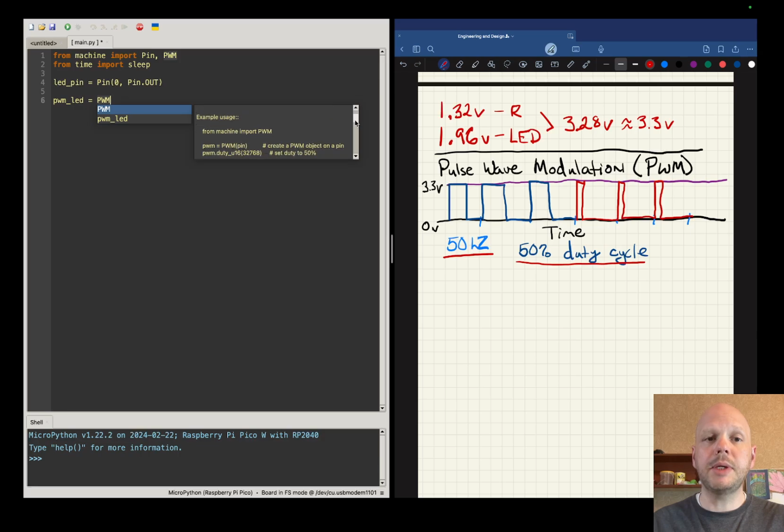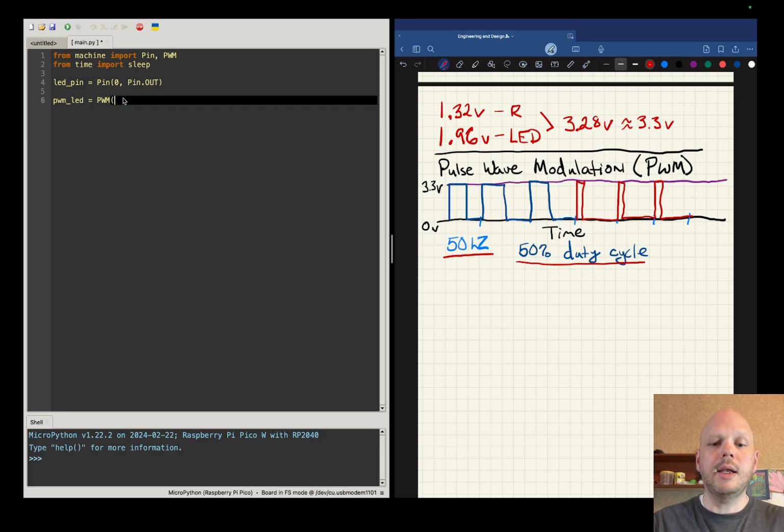And we can see here some example uses. So we can do PWM for a pin, and then we can set the duty cycle for that pin. Alternatively, we can also set a frequency of 5,000 hertz if we wanted to, and so on and so forth. So what we're going to do is go ahead and use our LED pin, since we already have that set.